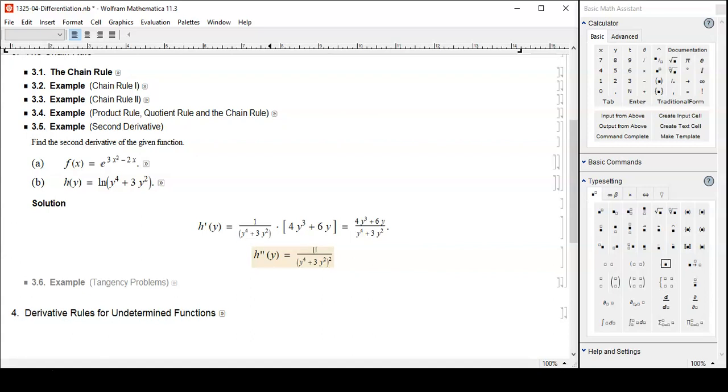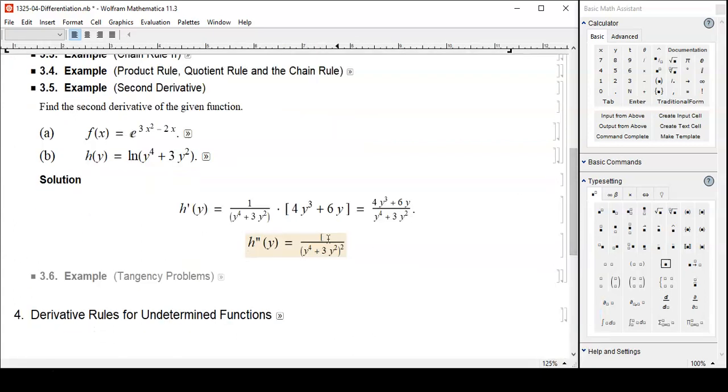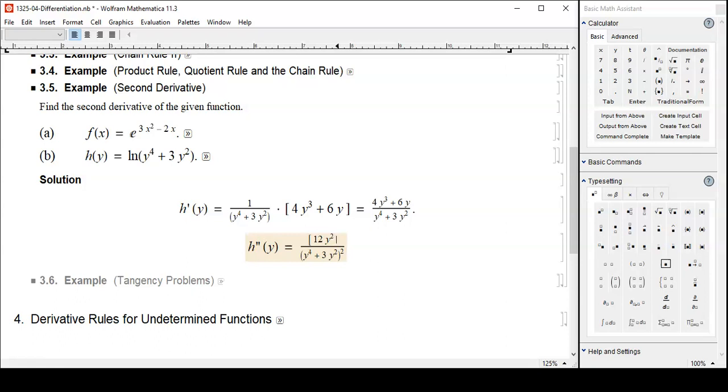So u prime, the derivative of the numerator, a little bit bigger font. The derivative of the numerator here, u prime. So that's 12y squared plus 6. And then v, the denominator, minus u and then the derivative of the denominator, v prime, 4y cubed plus 6y.